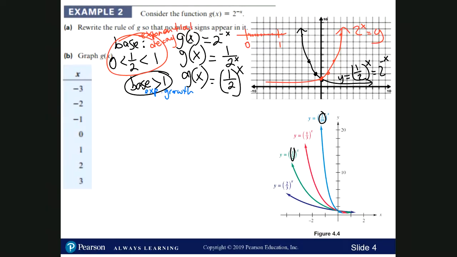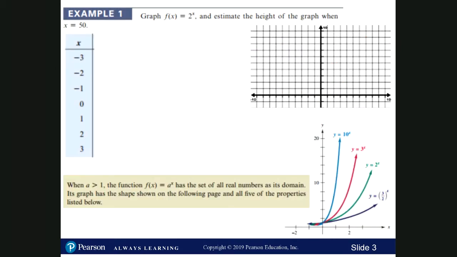Now, going back to the previous slide, this one shows us that whenever the base is greater than 1, the bigger the base, the steeper the increase will be, such as the case here. If you compare 2 to the x and 10 to the x, you can see how the function 10 to the x is growing faster.